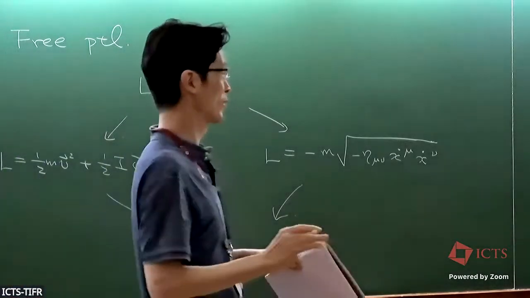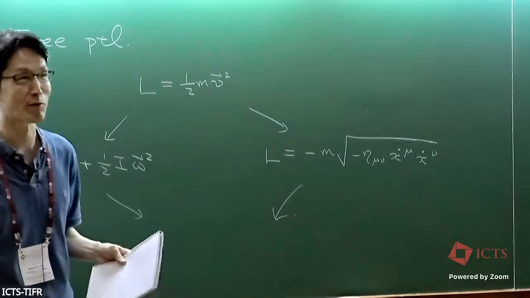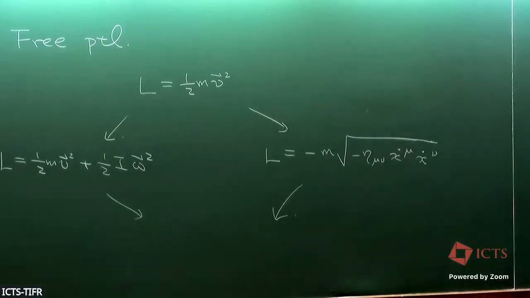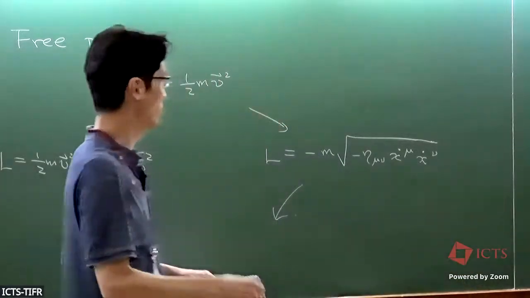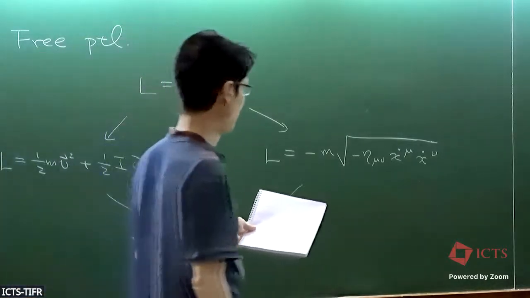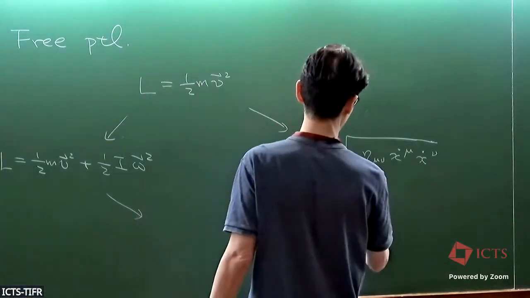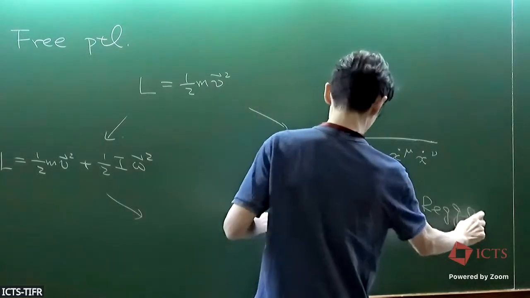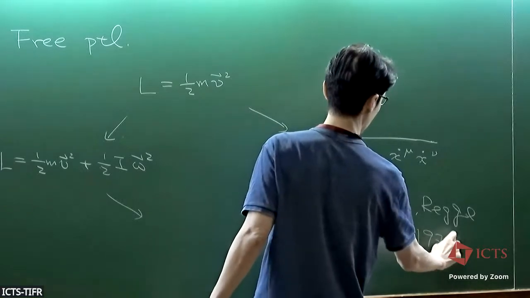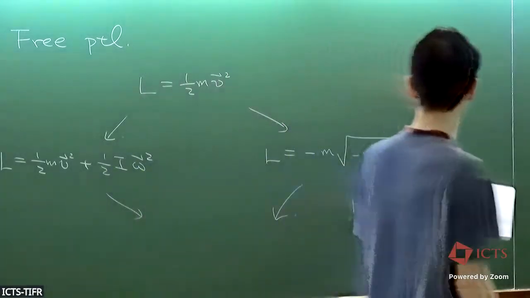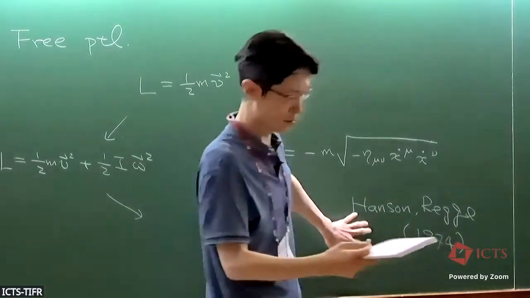Well, it depends on what you mean by the problem is solved, but in my personal viewpoint, the decisive work, which sort of combined all the previous work and laid down the foundation in a firm way, was the one by Hanson and Regge from 1974. So yeah, I'll spend some time talking about this model.